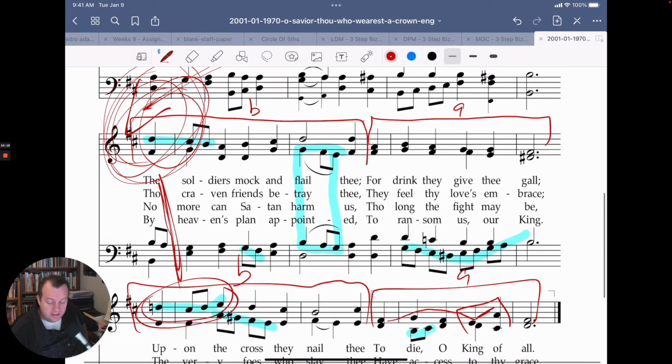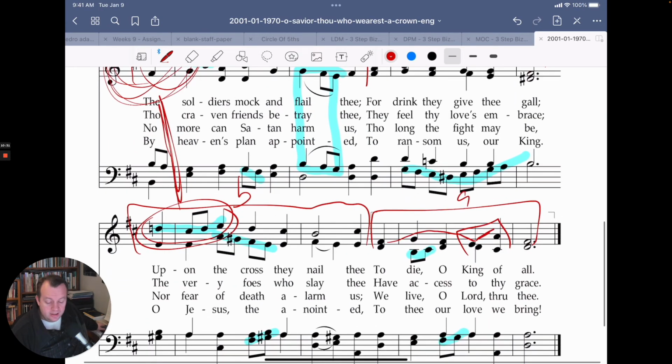Third line, 6 5 4 3 4 5 6 6 3 4 3 2 2 1. See how it ends on F sharp onto 1. 6 5 6 7 6 5 4 5 1 2 1 7 3 1. This is a Phrygian melody.